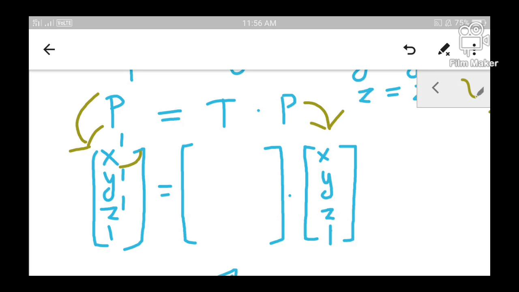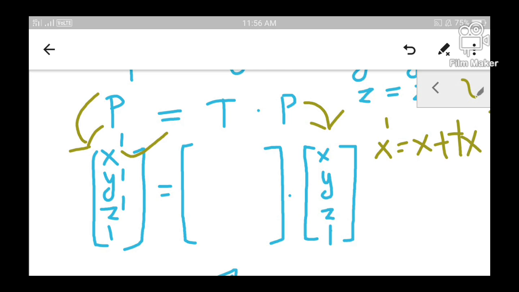The value of x dash can be found by multiplying the first row with this column matrix. I repeat, the value of x dash is obtained when the first row of matrix T is multiplied with this column matrix. So what should be multiplied so that we get the equation x dash is equal to x plus tx?